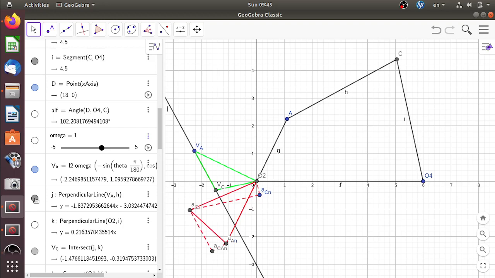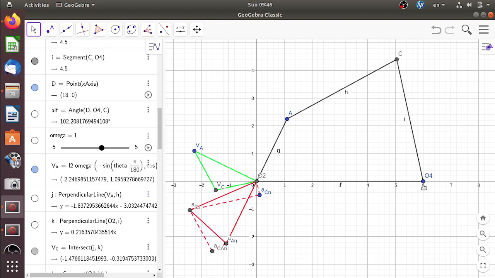Let me hide that. That's one line. Another line is, again, I am looking at point C, but from O4. Here the velocity of O4 is this point. From here, if I observe that point, I will observe that the velocity of that point is in this direction, perpendicular to this line. So now what am I going to do?